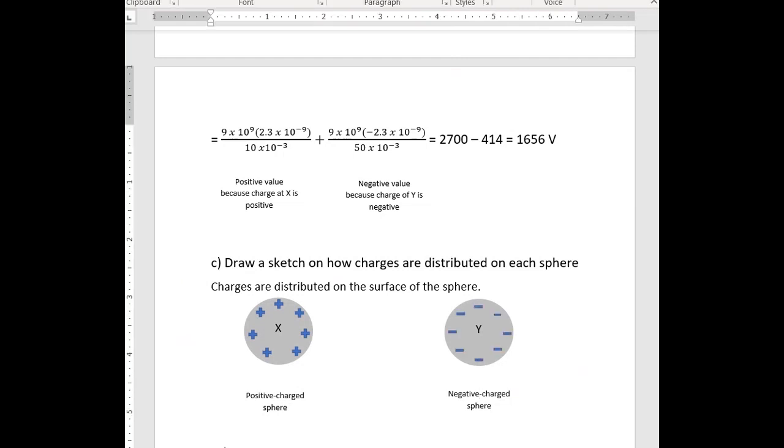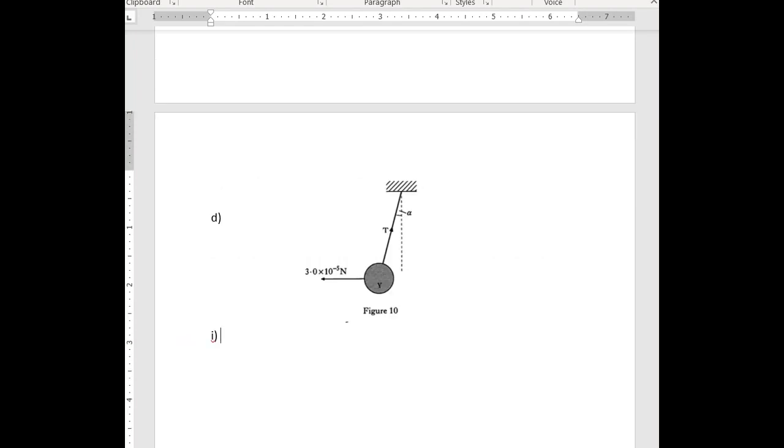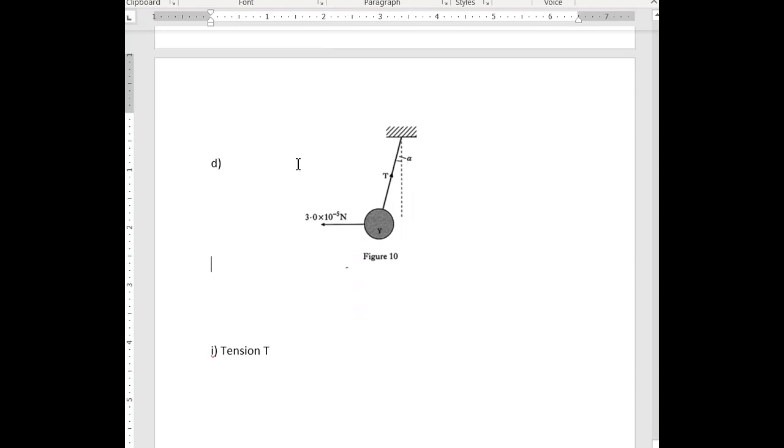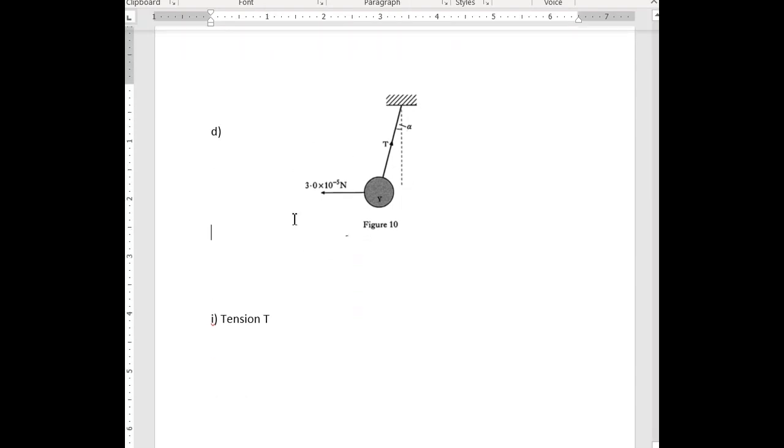E, sphere Y has a mass and hangs at an angle. Calculate the tension T. So this sphere will be affected by this horizontal force together with weight.